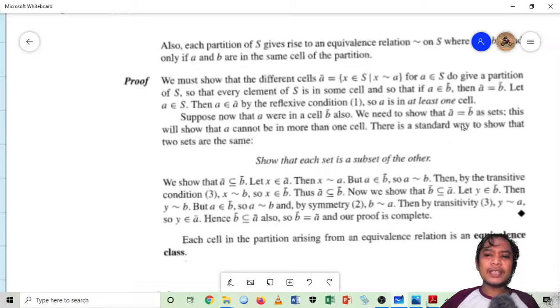Now, we show that these two sets are equal. The convention is to show that one is a subset of the other and vice versa. So, each set is a subset of the other.